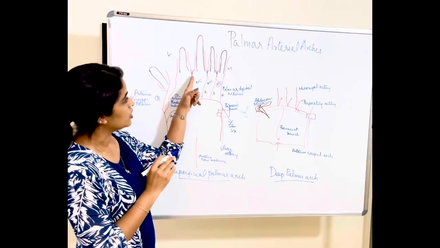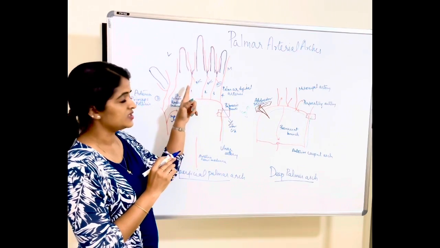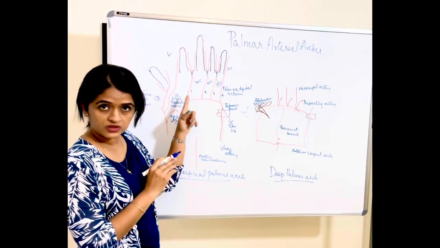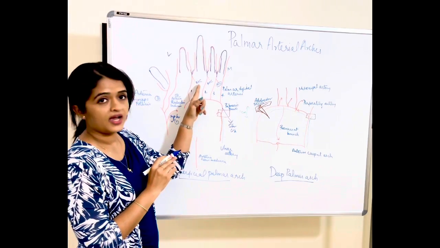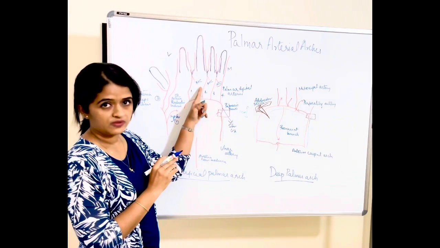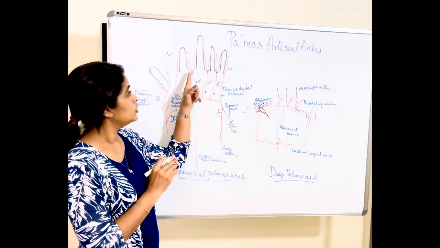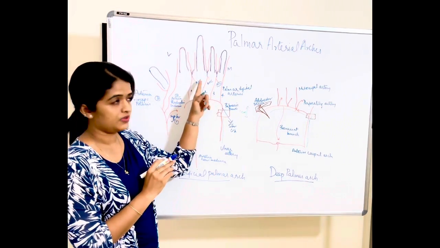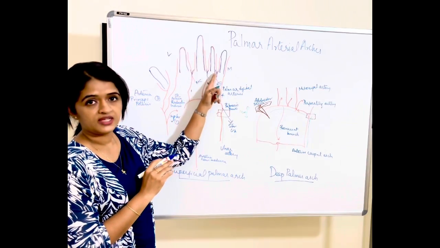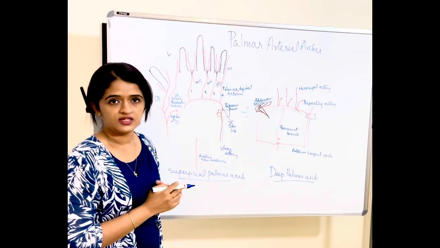So the common digital artery is formed by the digital arteries from the superficial palmar arch and the metacarpal arteries from the deep palmar arch, and this will be divided into two proper digital arteries at the web space, and they will be supplying the adjacent sides of the remaining digits.